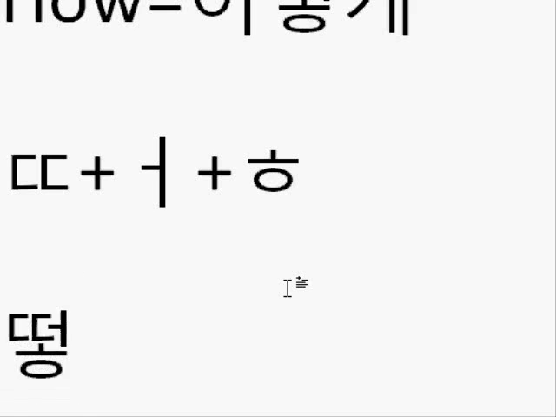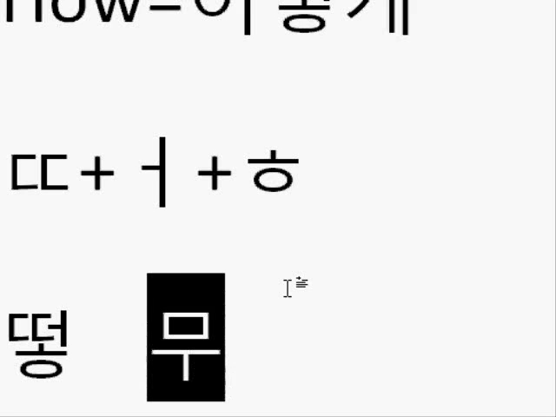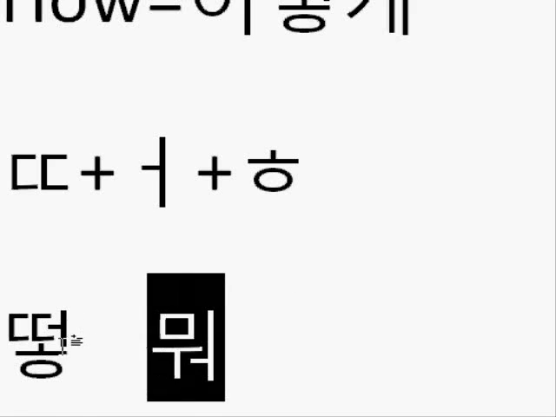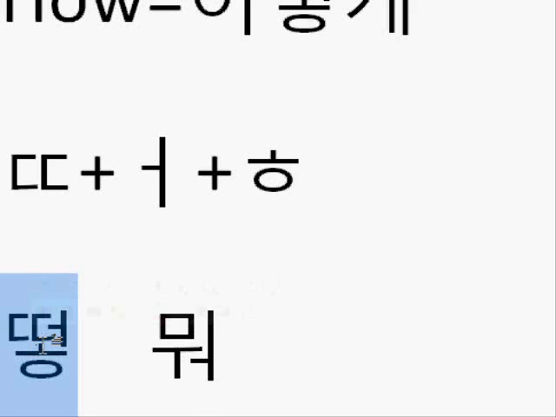But remember, in what, it was consonant, vowel, and vowel. This has one consonant and two vowels, and this has two consonants and one vowel. These are the basics. Once you know how to combine these two, you are pretty much set for writing Korean.